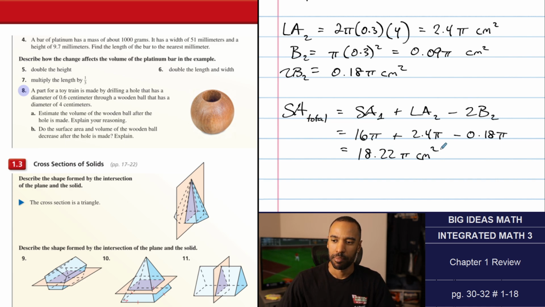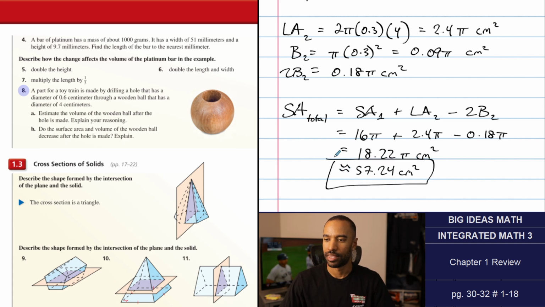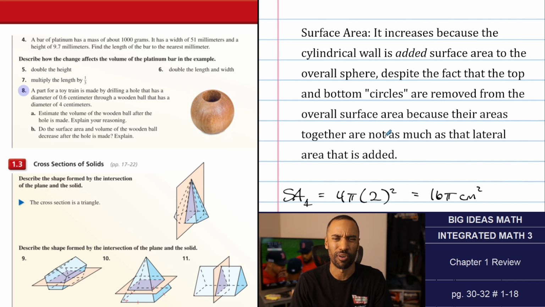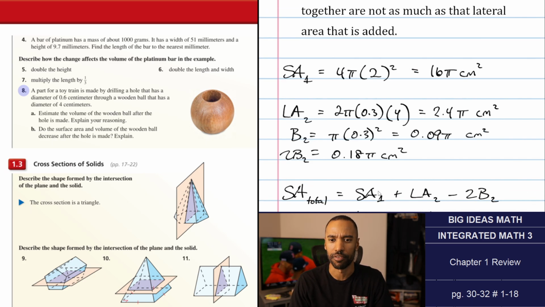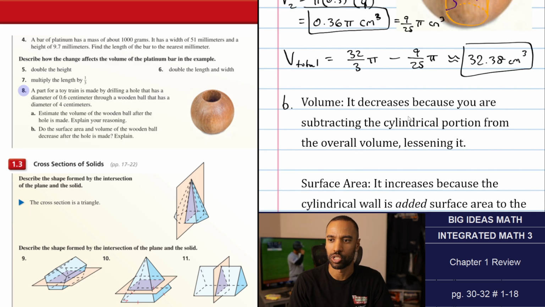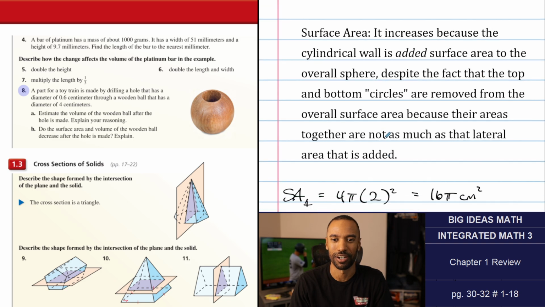Pi square centimeters, and then times pi, 57.24 square centimeters. So that's more than the original surface area of 16 pi, which is probably around 50. I think we've seen that number before, 50.27. So 57.24 being more. So yes, we are adding some in comparison to what we had before, and I think I'm good. I think I'm good on the whole thing.